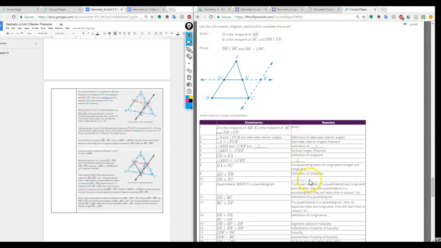And then reason 3 goes with our statement DB is congruent to FC.